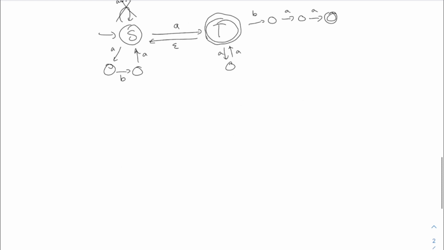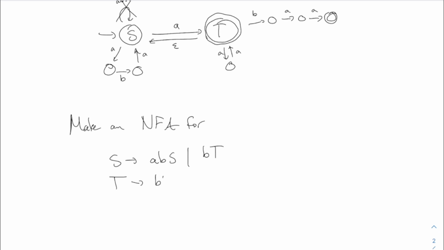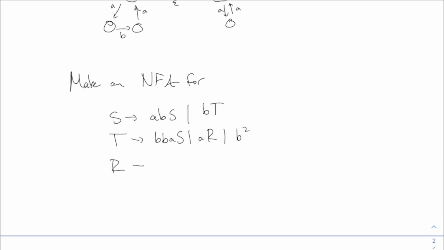How about, make an NFA for S goes to ABS or BT. T goes to BBAS or AR or B squared. And R goes to BS or ABT or epsilon.